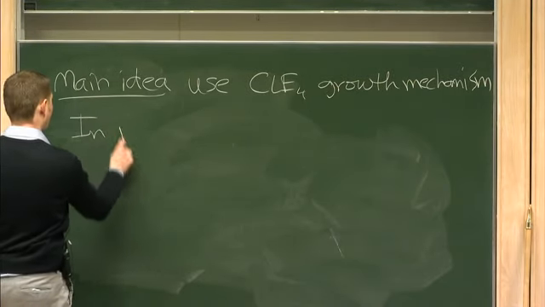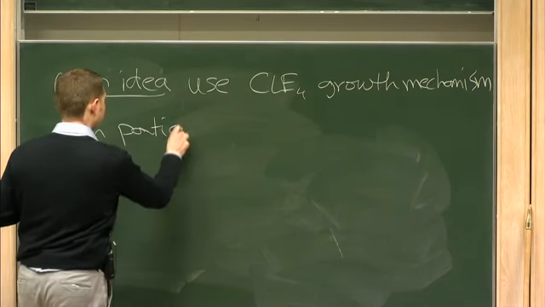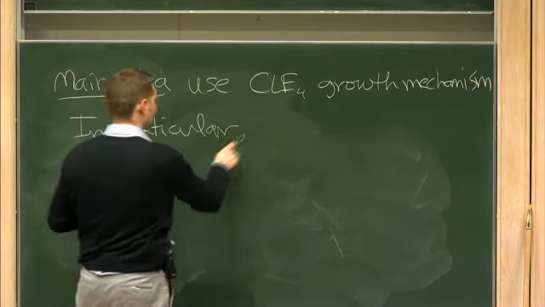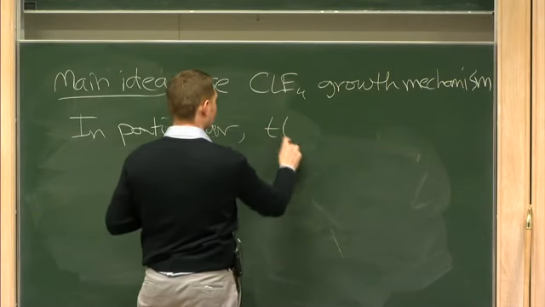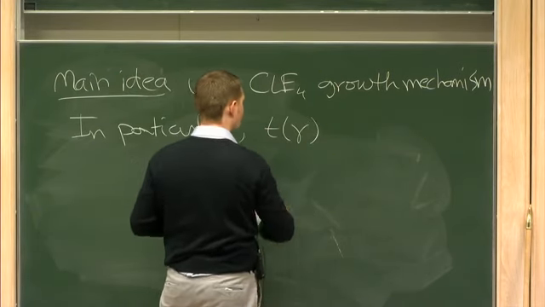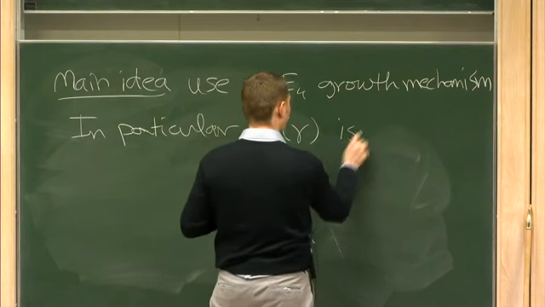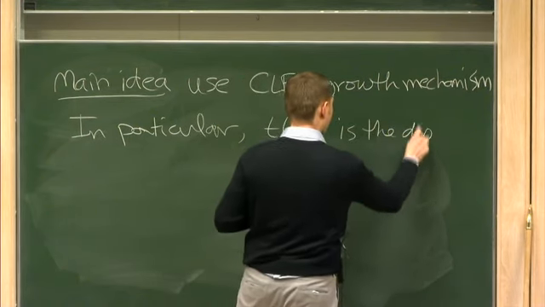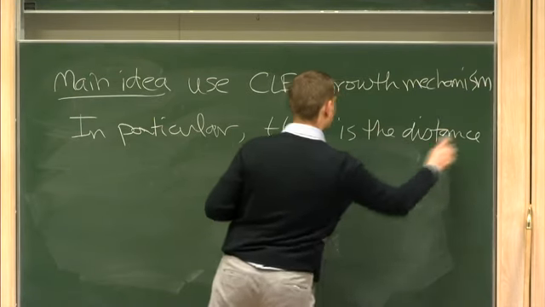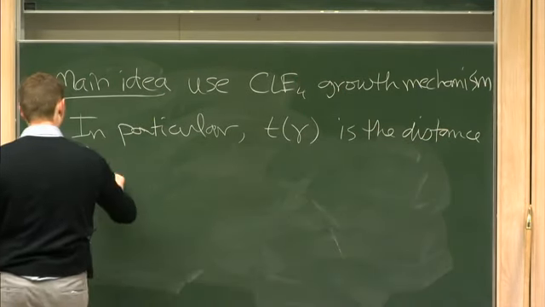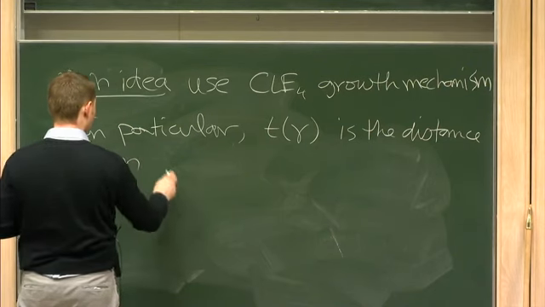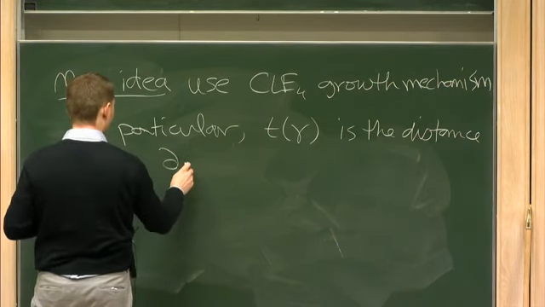So the time parameter associated with each loop is the distance from the boundary of the domain.